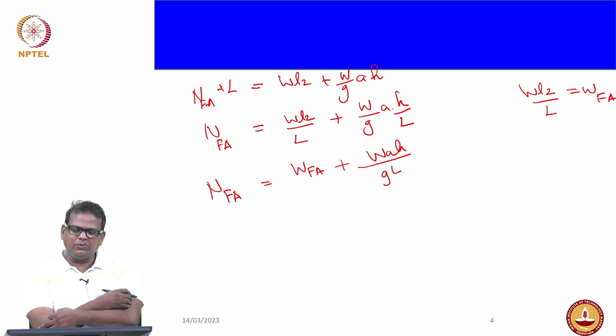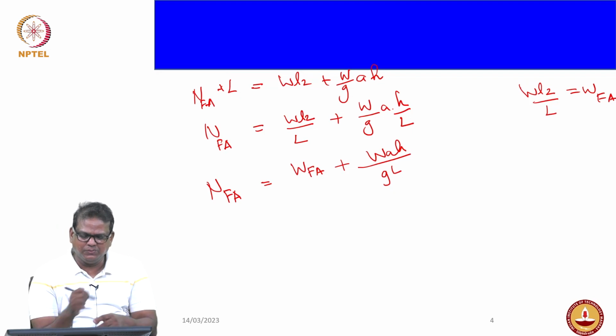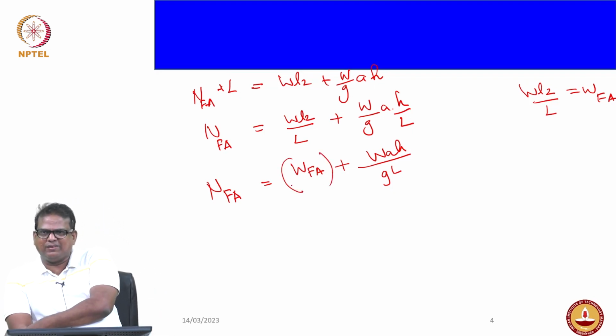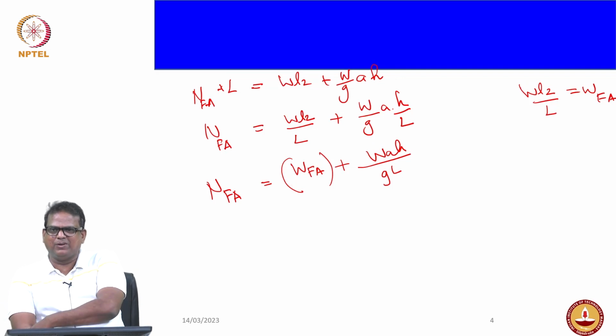So, what do you understand? This term is already there, your reaction force is already there. So, what is happening now? What is the thing additionally adding into your front axle?